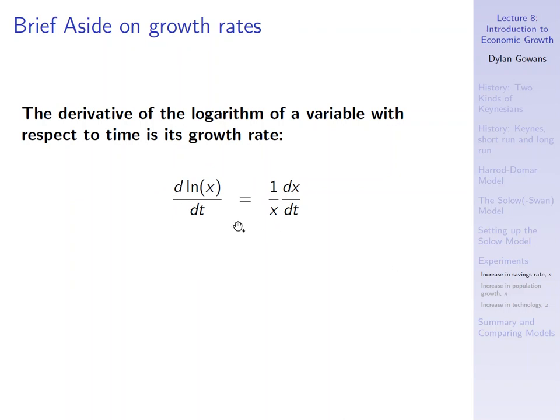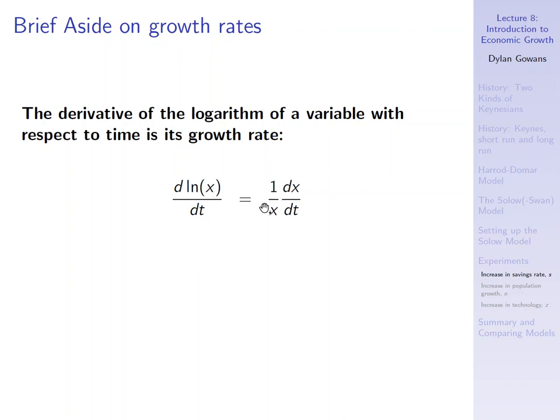So here's why. Let's apply the chain rule. Remember that with log, we first take 1 over x, that's the derivative of ln x with respect to x. And then we take the derivative of x with respect to time.